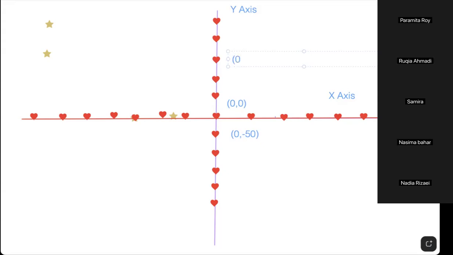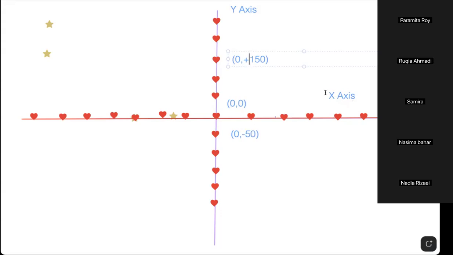So 0, and the y position will be 50, 100, 150. When you have positive, you don't often have to write the positive sign. I'm still doing it so that we understand. So when it is going up, y will be positive. When it is going down, the value of y is negative.